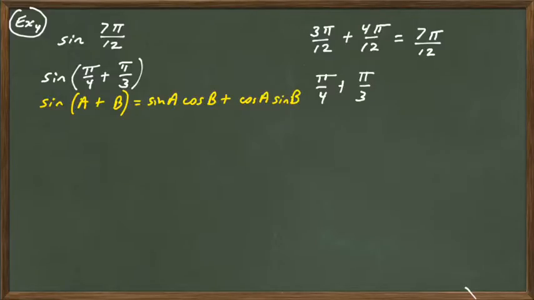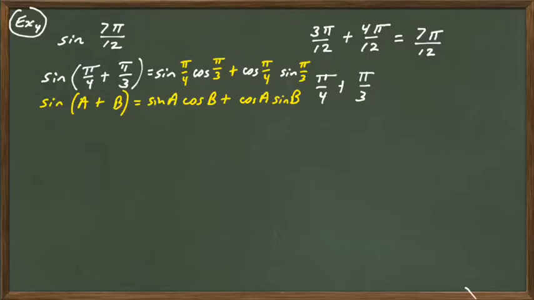So let's fill this in. Sine of what angle? What is A? Pi over 4. Cosine, what is angle B? Pi over 3. Plus is there. Then I have cosine of what angle? What is A? Pi over 4. And what is B?